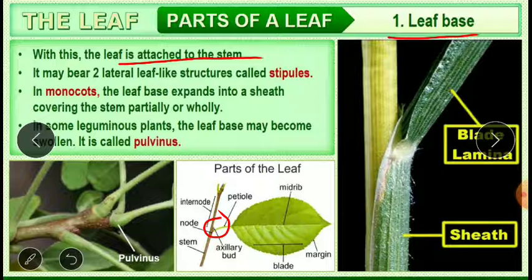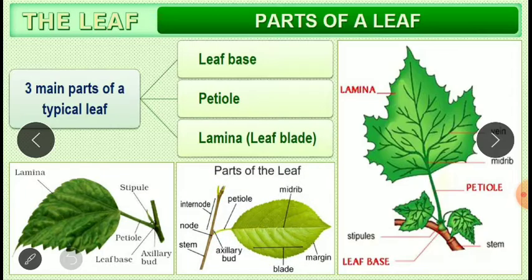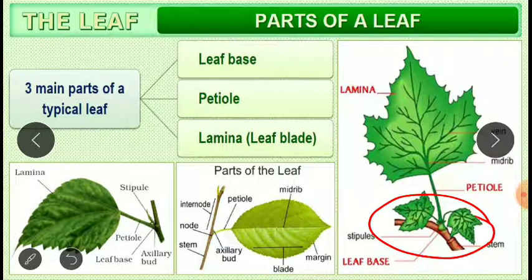Now this leaf base can have two lateral leaf-like structures called the stipules. Stipules you can visualize over here. These are the stipules. Stipules are nothing but leaf-like smaller leaves, you can say, which are arising at the base of the leaf, that is at the leaf base. So these are known as the stipules.